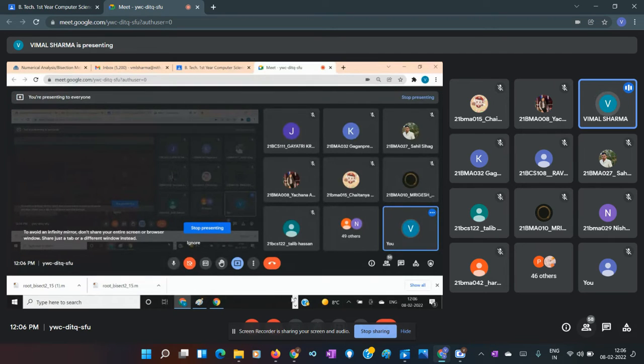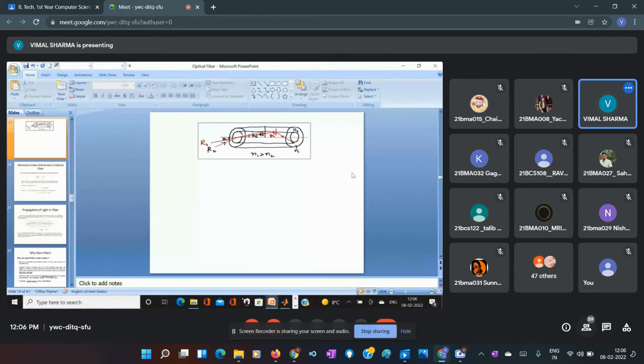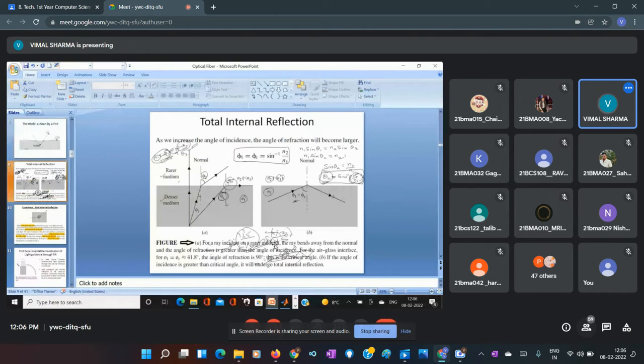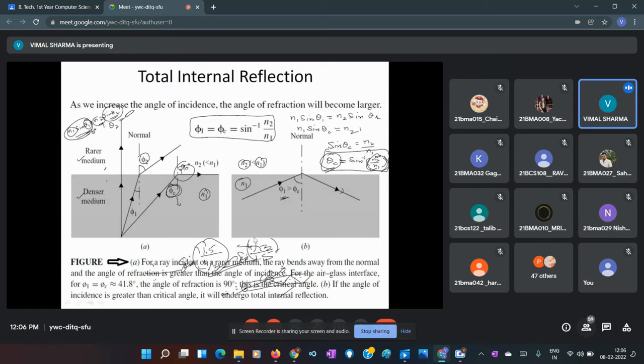We discussed yesterday some basics involved in propagation of light through any medium, and the most important light propagation is total internal reflection, because this is the key of propagation of light through optical fiber.